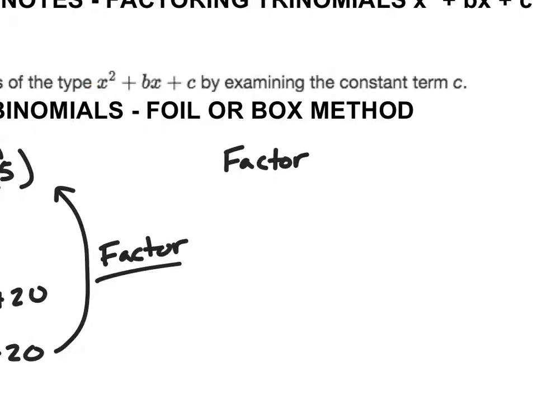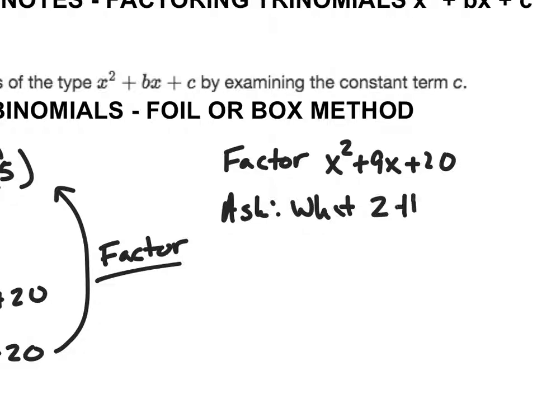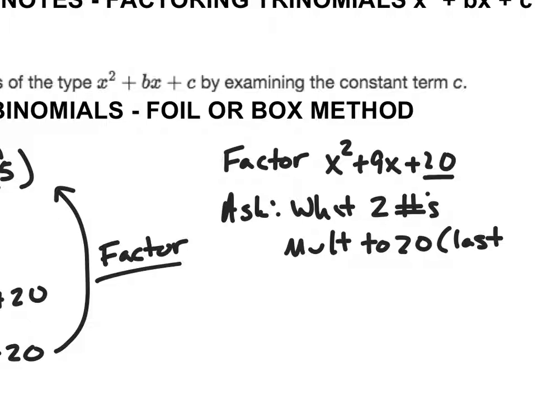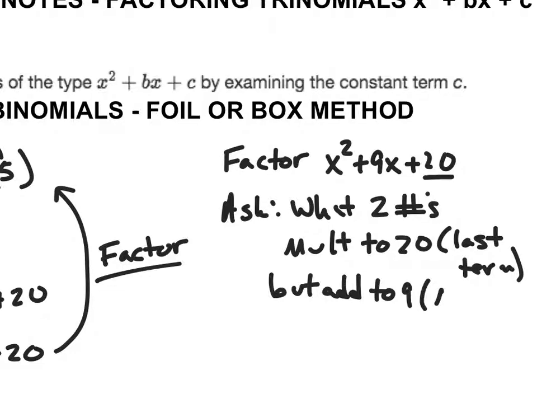So when I factor the polynomial x squared plus 9x plus 20, I ask myself the question: what two numbers multiply to 20, my last term, but add to 9, my middle term?